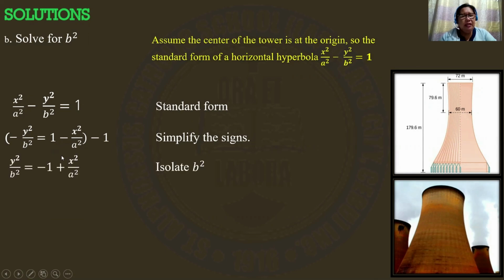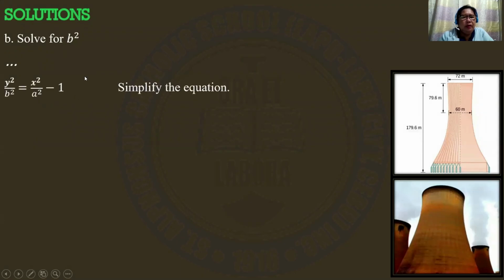And then after that, we have to isolate b squared. B squared is at the denominator part. So, simplifying the equation, we have to rearrange first. We are going to place negative 1 at this side. Let's continue our solution. We have to express this whole part here into fraction form. So what we have is x squared over a squared minus 1 over 1.